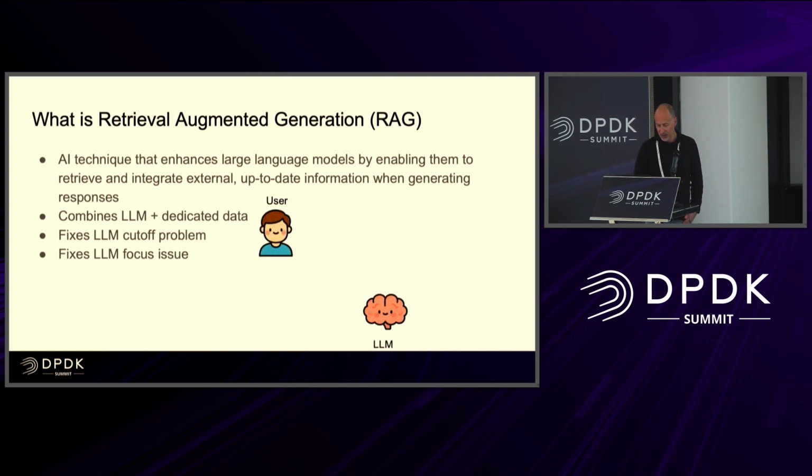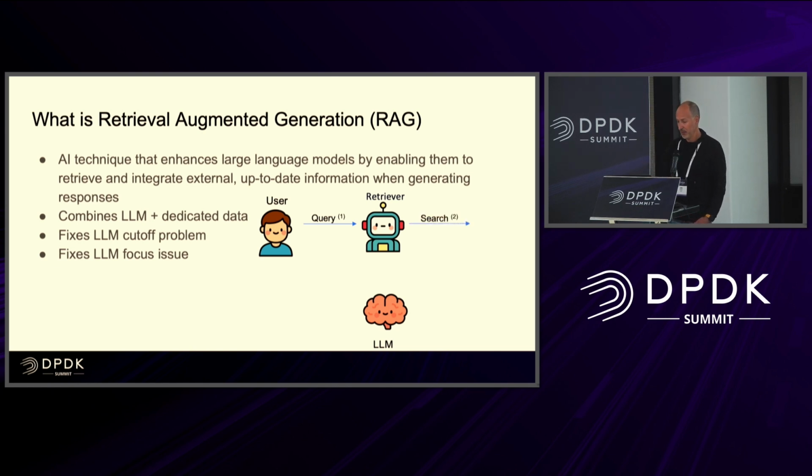Let's see how it works. Originally, we have the user, who connects directly to the LLM. He asks the LLM a question, and the LLM answers. Now we introduce a new entity called the retriever. The retriever gets the query from the user and searches its own database for the relevant information.